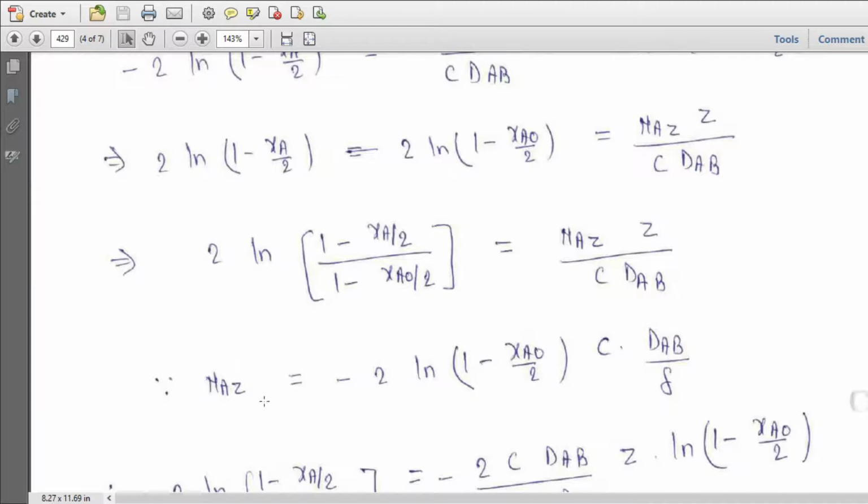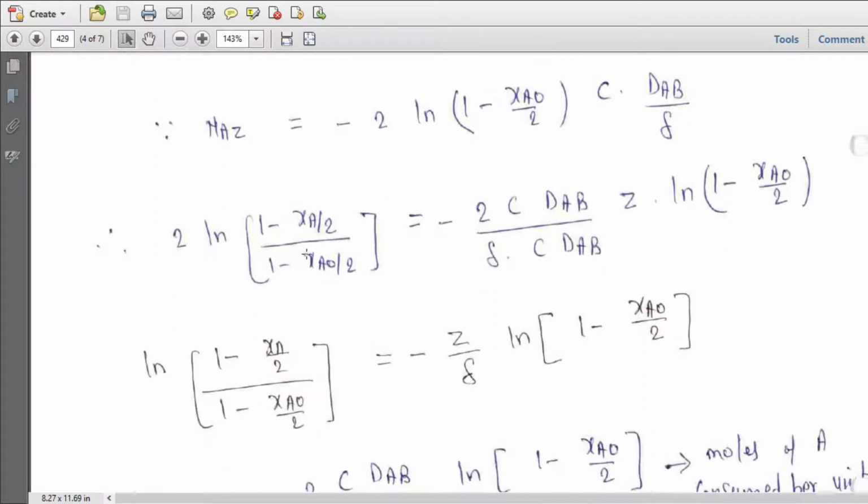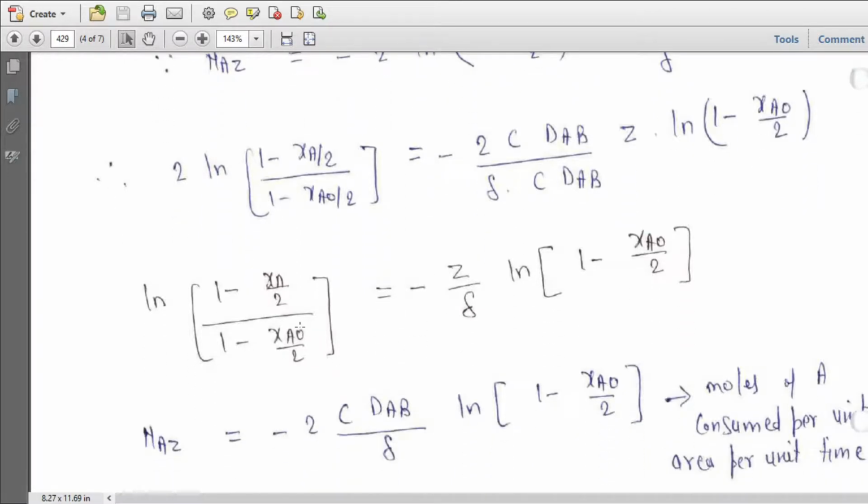We already have NAZ equal to minus 2 C DAB ln(1 minus XA0/2)/delta. We substitute this expression here and arrange it, and we get ln[(1 minus XA/2)/(1 minus XA0/2)] equals Z/delta times ln(1 minus XA0/2), and NAZ is given by minus 2 C DAB/delta ln(1 minus XA0/2).